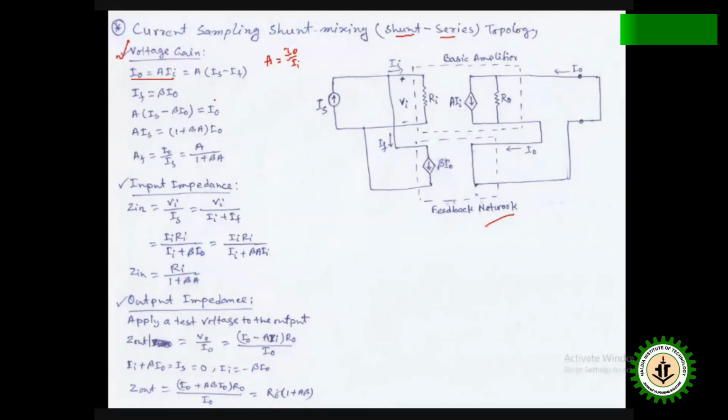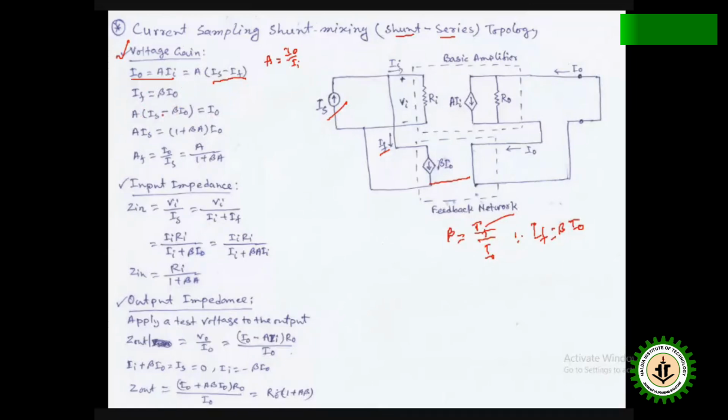Here Ii is IS minus IF. Also we know from the feedback network, beta is equal to output, which is IF, by input, which is I naught. So we can write IF is equal to beta I naught.